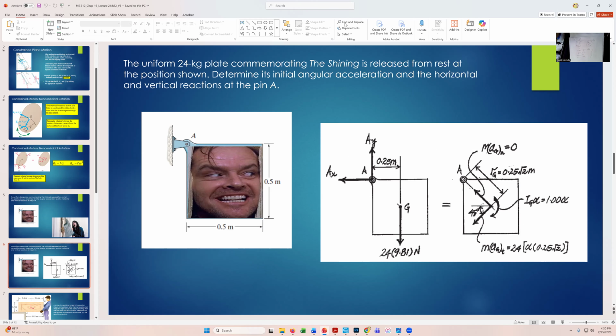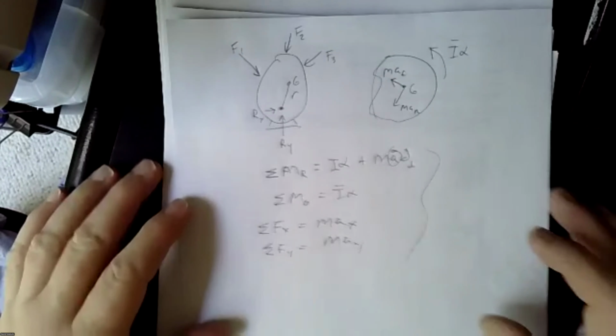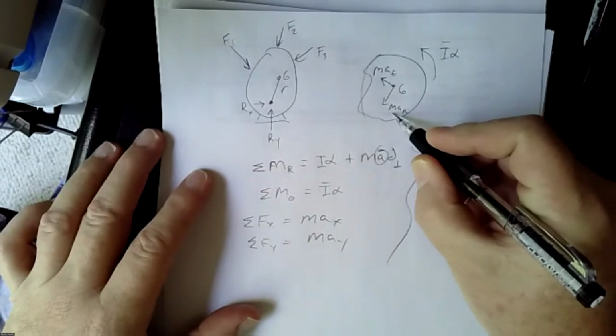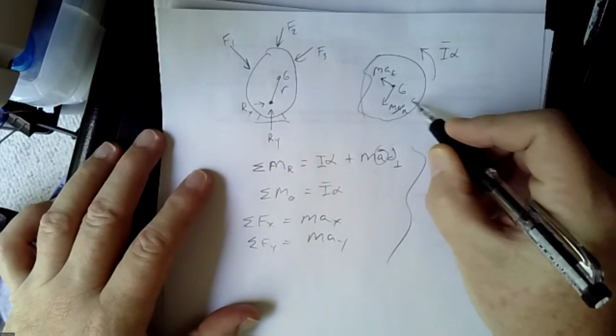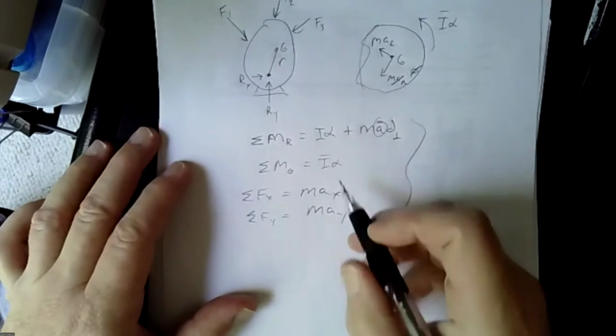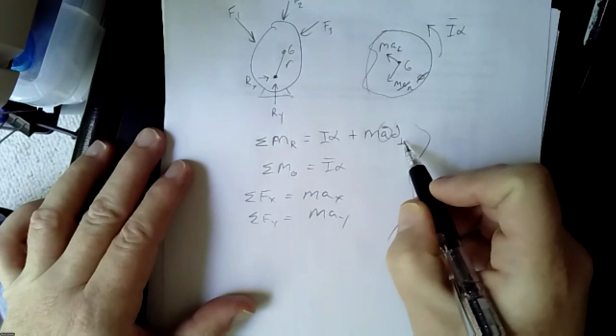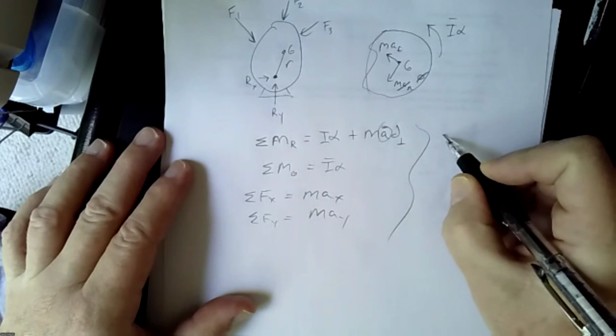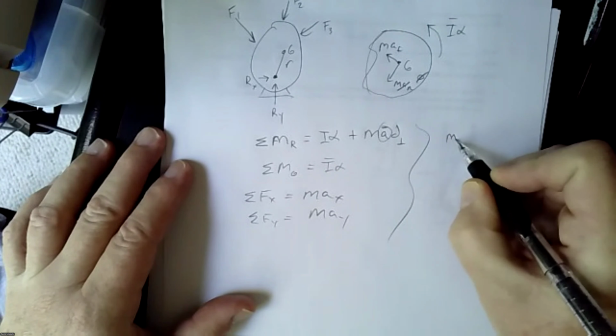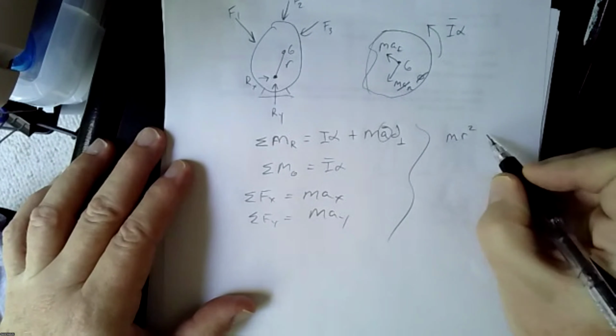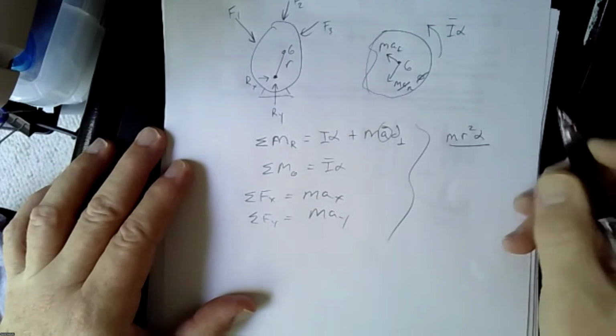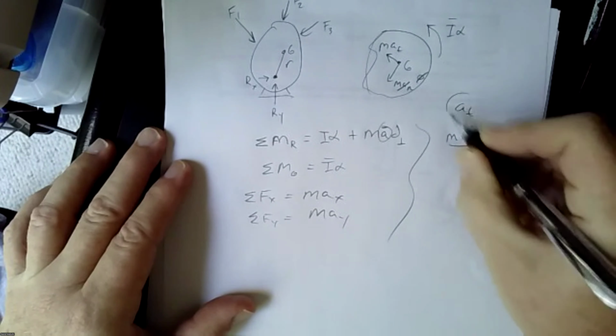So what I mean by that is, in this case, if this is 0, then this will always just be m a d perpendicular, which we know can also be written as mass times r squared times alpha. And so we can consider that our tangential acceleration.